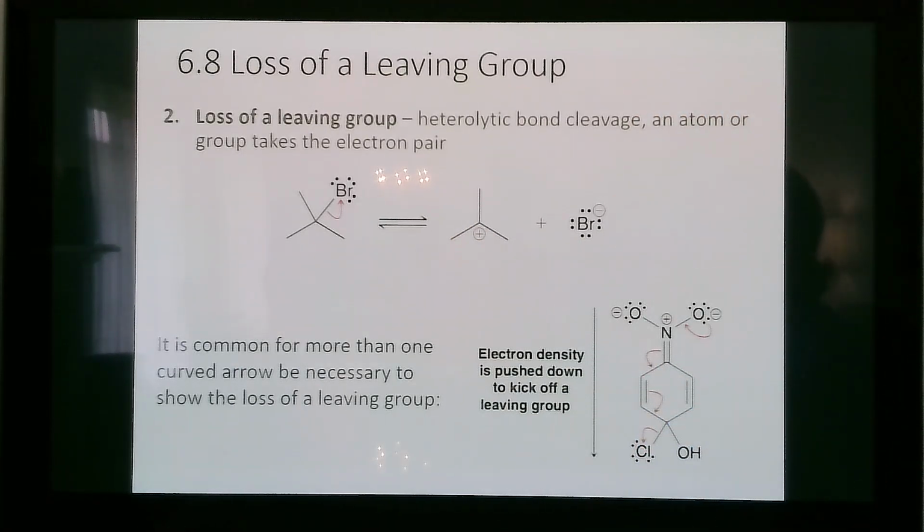It's common for more than one curved arrow to be necessary to show the loss of a leaving group, especially if you have resonance structures drawn. Remember, this is just one of the resonance structures.